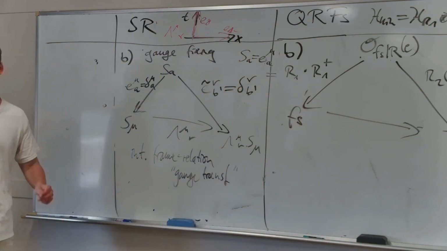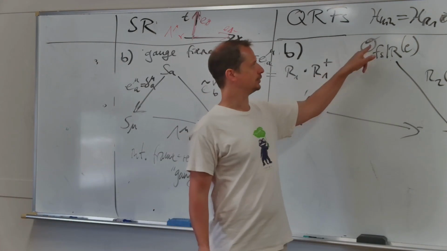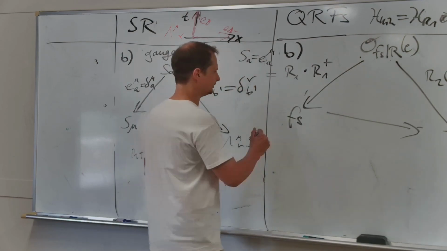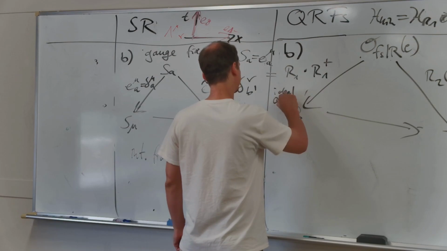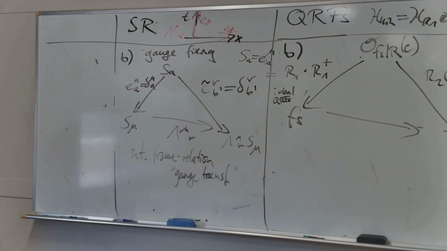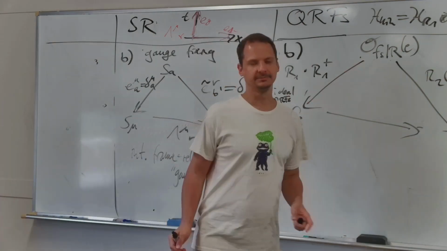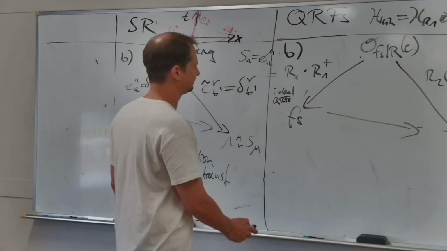So the gauge fixed formulation of this relational observable. Here it's important that it's this O twiddle. And this here is true for ideal quantum reference frames. Then you get exactly the observable that you insert in here. For non-ideal frames, you get a slightly projected version of this.